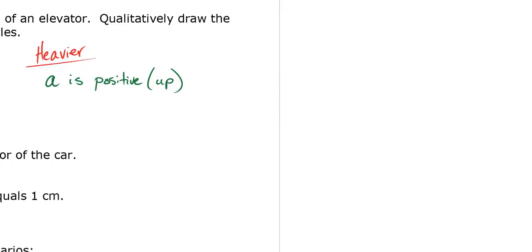Okay? So that means your FBD is going to have a normal force that is larger than the force of gravity. Fn is what you feel. Fn is your apparent weight. So if Fn is larger, you feel heavier than normal.